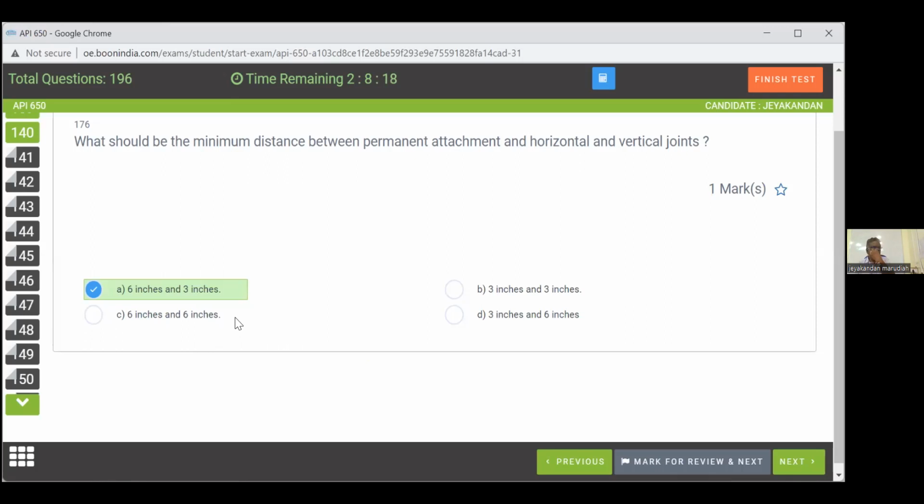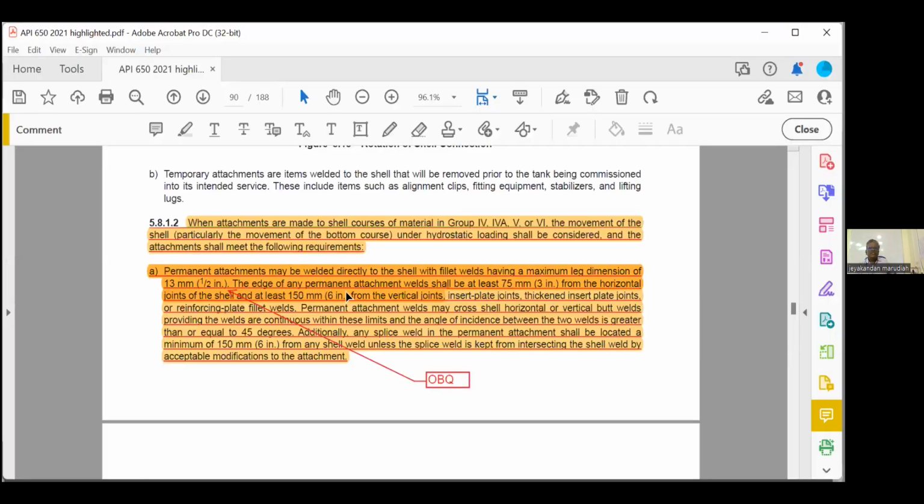6 and 3, horizontal vertical, 6 and 3. Okay, the edge of the permanent attachment is 3 inch from the horizontal, 6 inch from the vertical. Is it so or not? One minute, horizontal 3. The edge of any permanent attachment, see, this is the one permanent attachment.